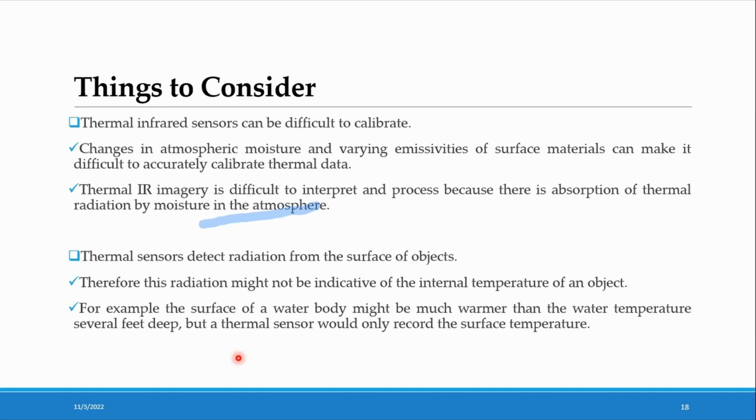So you will have water temperature measured by the sensor being around maybe 20 degrees Celsius, whereas when you go into the deeper levels of the lake, the temperature is very low. This is because the sensors only measure surface temperatures.